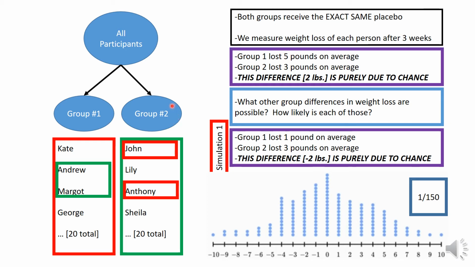But in most of those random assignments, your chance group differences are going to be between -3 pounds and +3 pounds. And very rarely are you going to get a difference that's this large.